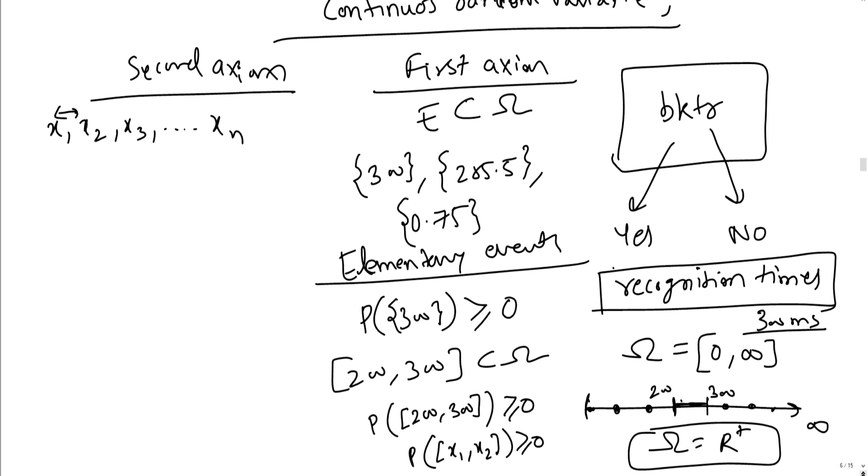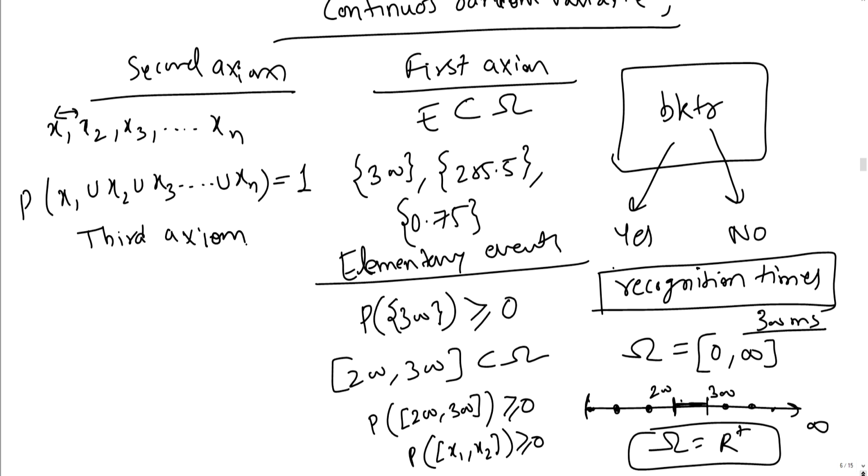According to the second axiom, the probability of x1 union x2 union x3 union xn should be equal to 1. So, the probability of the union of each elementary event should be equal to 1. By the way, here you should write it with dots between x2 and x3 because there are an infinite number of events between x2 and x3 as well. Now, let us go to the third axiom.